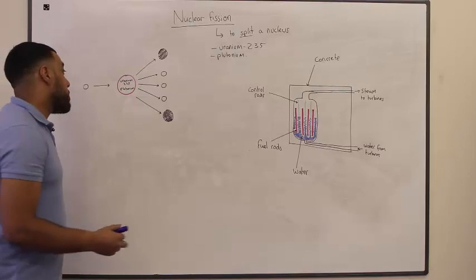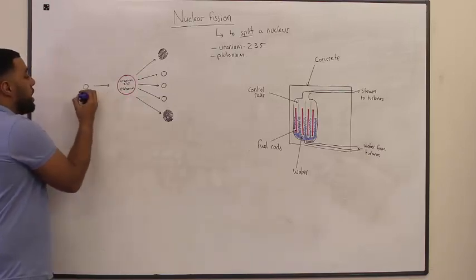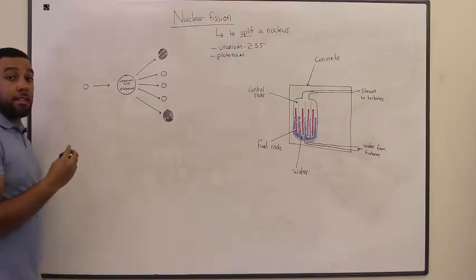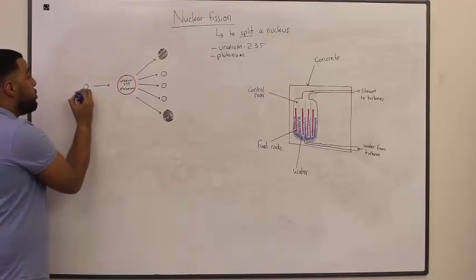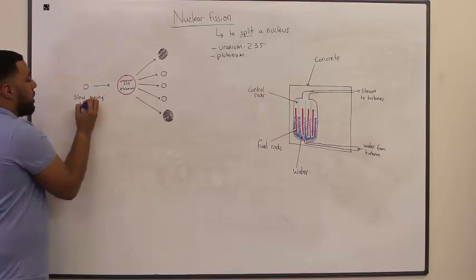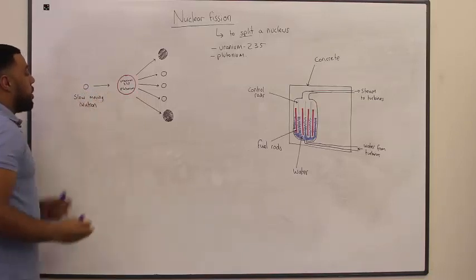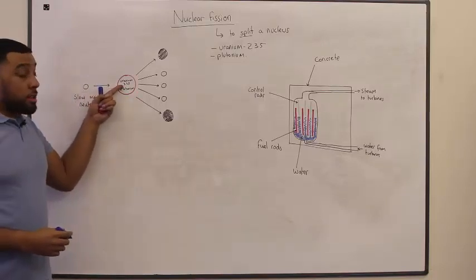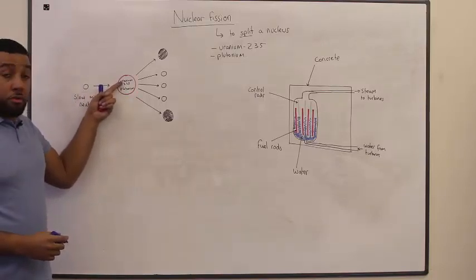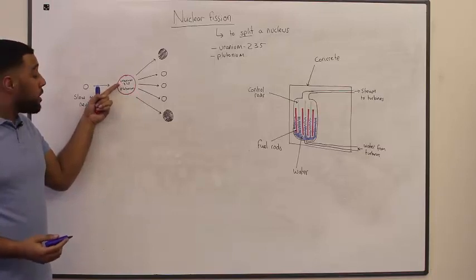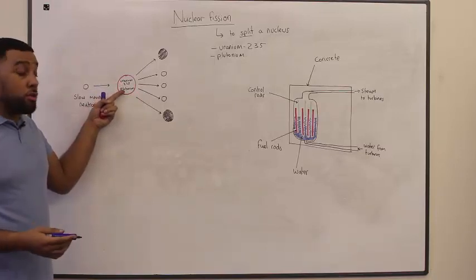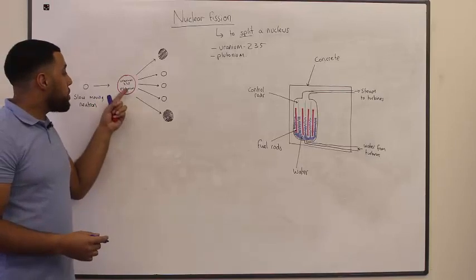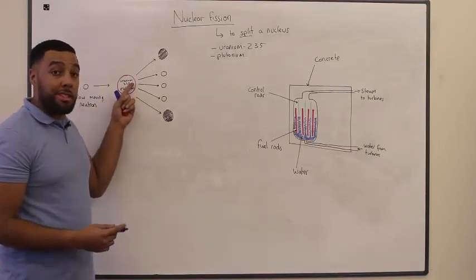And let's see what happens at the fuel rod. Well, first of all, what's to notice is that we fire a slow-moving neutron. If we fire a slow-moving neutron at a uranium-235 nucleus or a plutonium nucleus, it causes that atom to split in half.